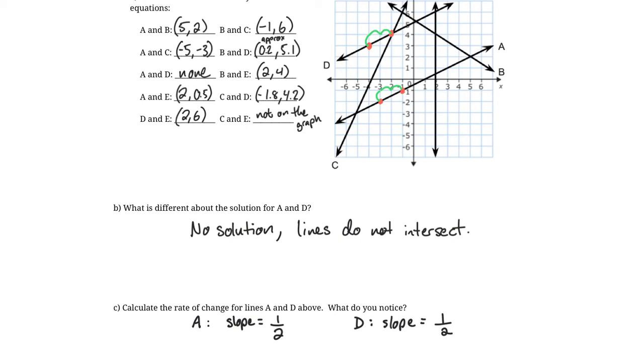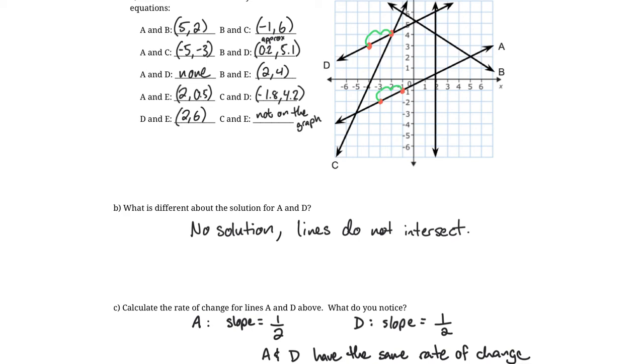So what do you notice here? You should notice that we have the exact same rate of change, the same slope for both lines. So what does that mean when two lines have the same slope or the same rate of change? These two lines will never intersect. The slope of both lines is exactly the same, so they're at the same steepness, so they will never cross each other.